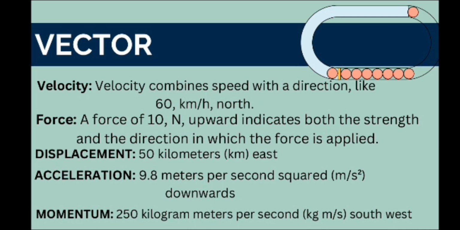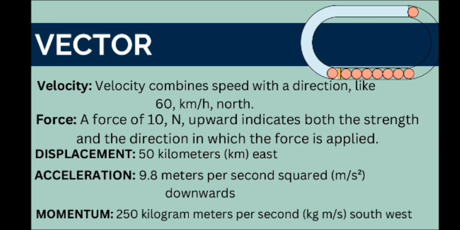So let's move to the force. Force refers to a push or pressure to move an object in a direction. The example of this is a force of 10 upward, which indicates both strength and the direction in which the force is applied.